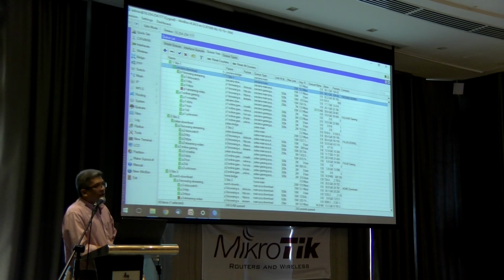But if you are going to base it on a per interface, it doesn't matter what kind of radio you use, right? So I don't really use simple queue. Very seldom I use simple queue. For the past 2 years, I've never used a simple queue because it's very limited for me.